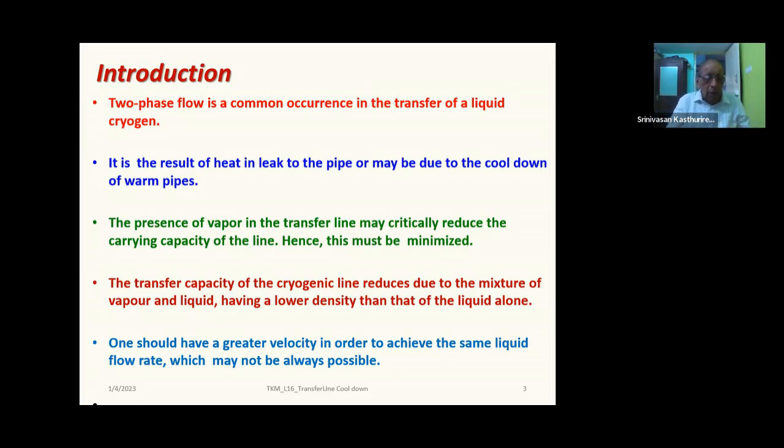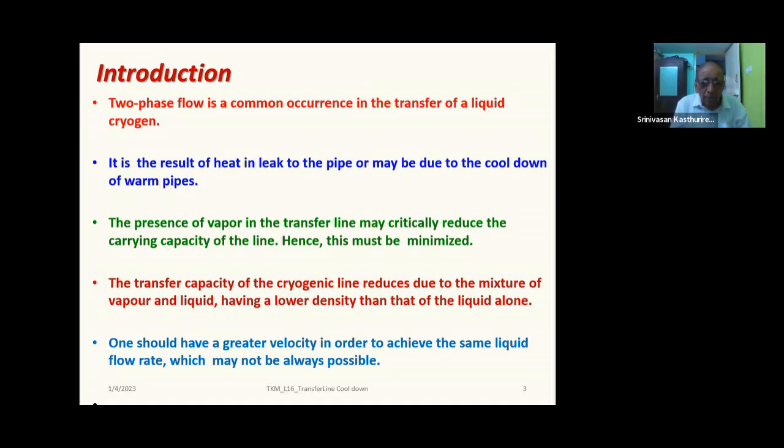But when you come to cryogenic fluid, because of the heat transfer that is coming in, the line will now have a large quantity of vapor. Okay, it depends on the insulation. If the insulation is sufficiently good, then the number of vapor bubbles will be reduced. If the insulation is bad, then the liquid gets vaporized and you have a large quantity of vapor coming along with that line.